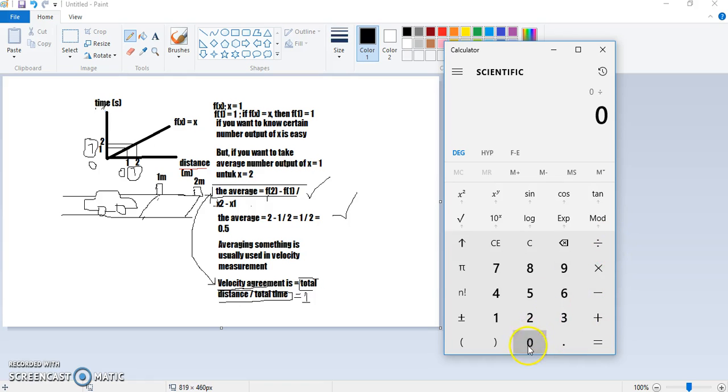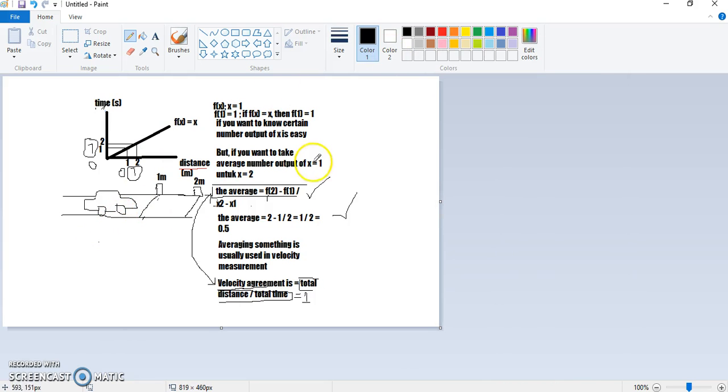Let me do that again: 0 divided by 0 on the calculator, the result is undefined. So that's a problem. We cannot measure an instantaneous velocity at a certain point.